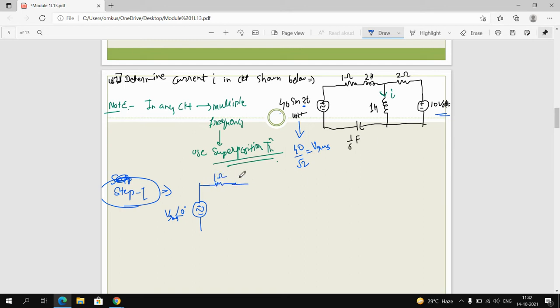What is the value of XL? This is 2 and this is 2, so 2 into 2 is 4, right? So j4 ohm. And similarly here 2 into 1 is 2 ohm, j2 ohm.